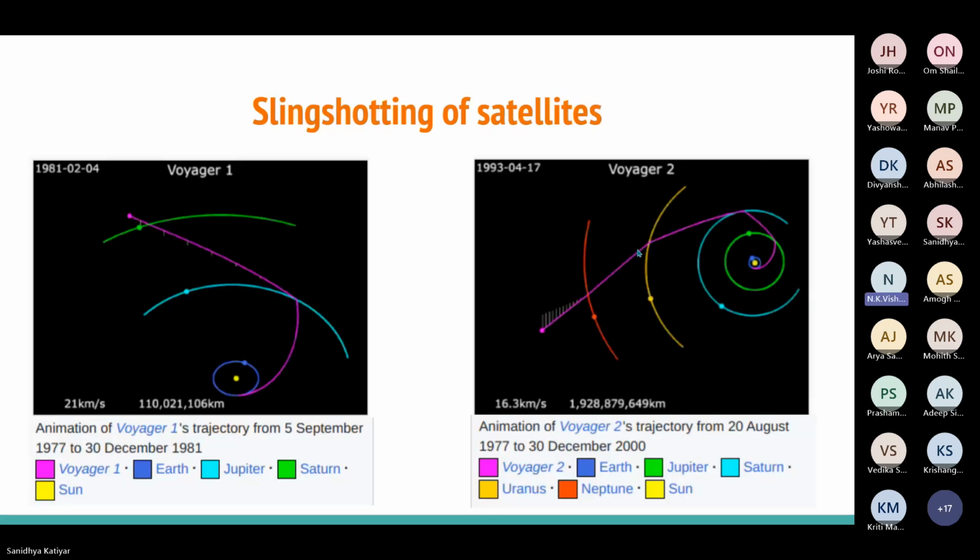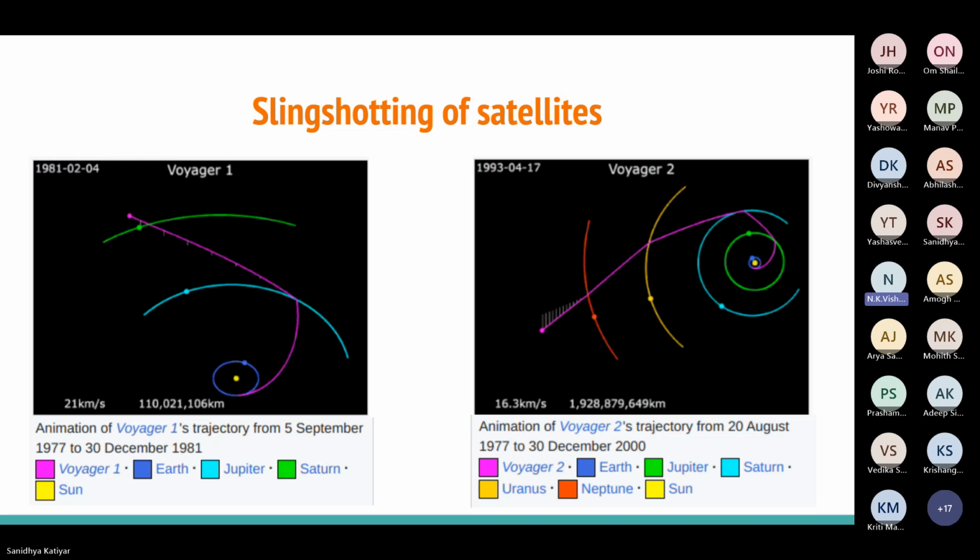Now, there's also another thing that we use to optimize the fuel consumption, and this is called slingshotting of satellites. How exactly this works is we have two satellites which are sent for very long range missions. In the sense, we wanted to go out of the solar system, and we also want to go fast so that we actually see the satellite's images, and it's not the next generation which sees it.